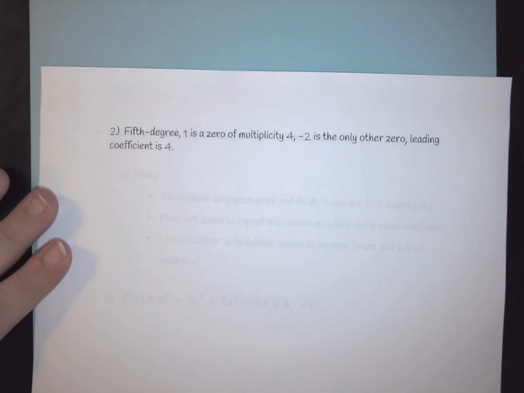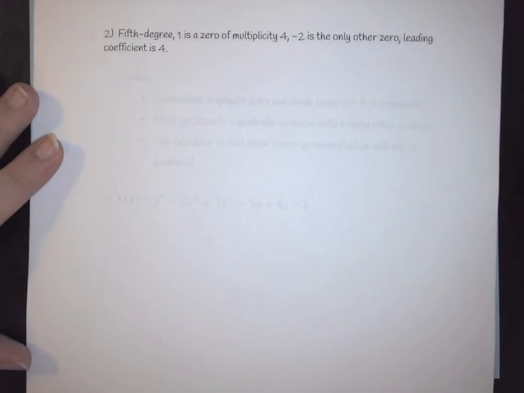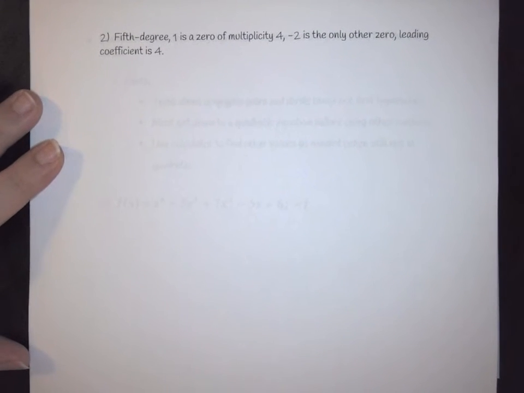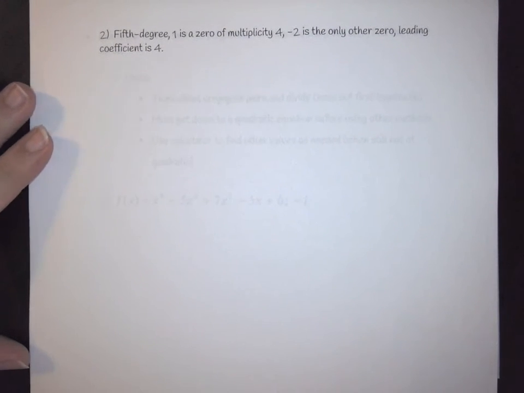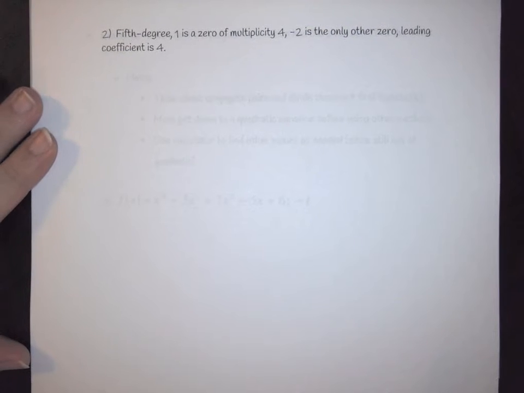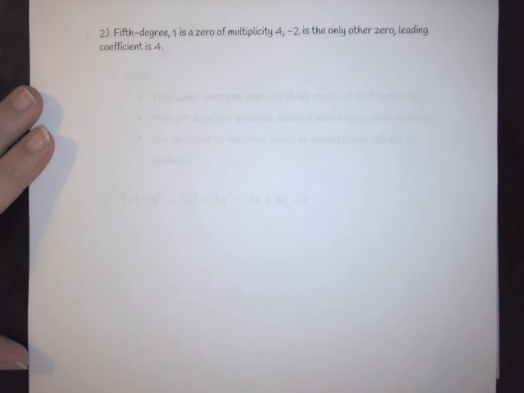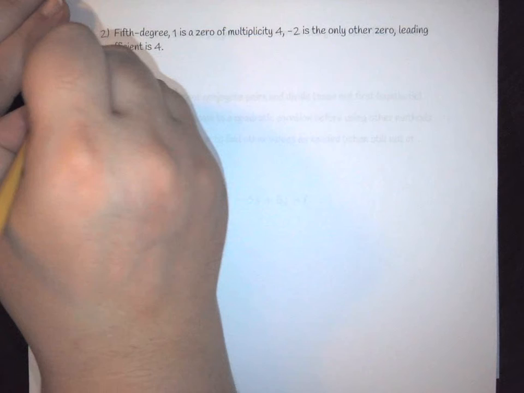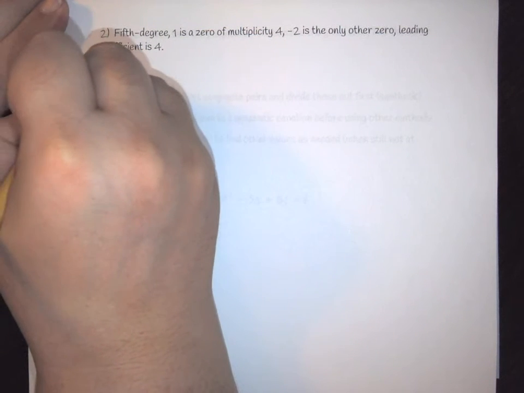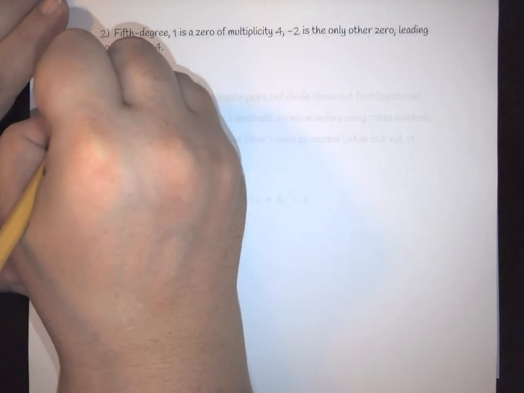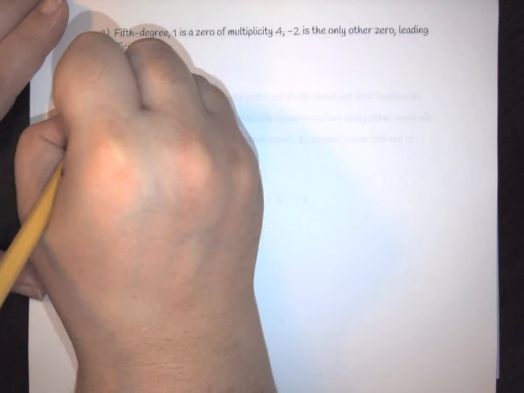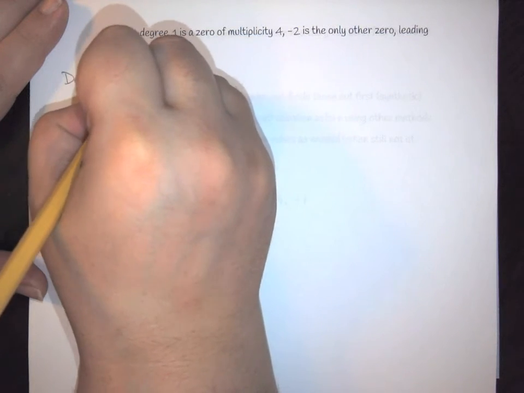Alright, let's work another one. So here I have fifth degree. I have that 1 is a 0 of multiplicity 4 and negative 2 is the only other 0. So again, when we're talking about your degree, we are talking about n equals 5.